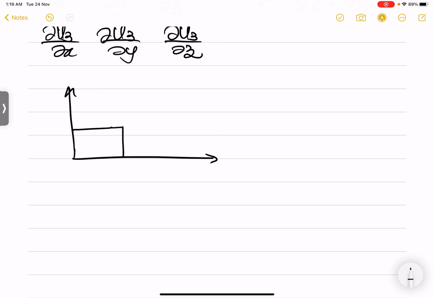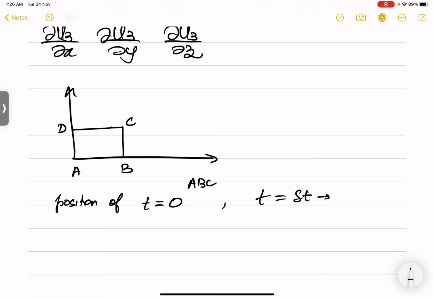So this is a rectangular element of fluid, which we call ABCD. This is the position of this fluid element at time t is equal to 0. And at time t is equal to delta t, so at t is equal to 0, this is a rectangular element ABCD.